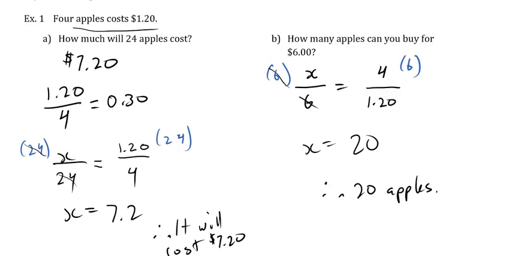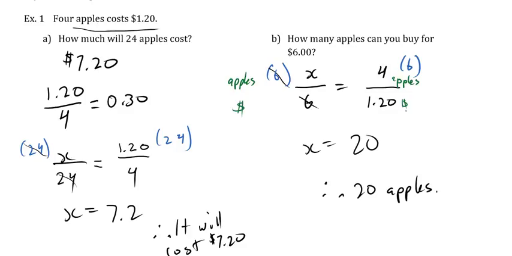So if you use that skill, how much or how many, turn that into x, then you don't even need to worry about it. But watch, this is something I didn't talk about. In this case, it's how many apples can you buy for $6 if you can buy 4 apples for $1.2. So I kept it the same.